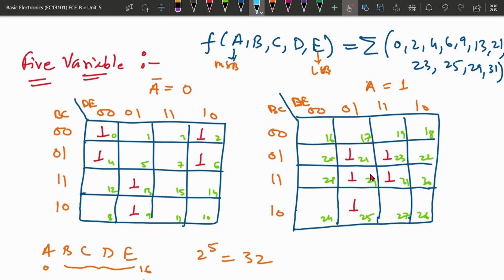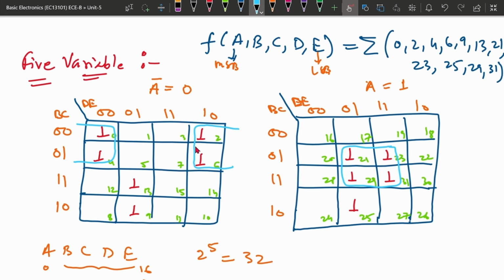So quad is possible. One quad we will be able to form here. Another quad we can form is like this one. Okay, now there is no further quad we can form.